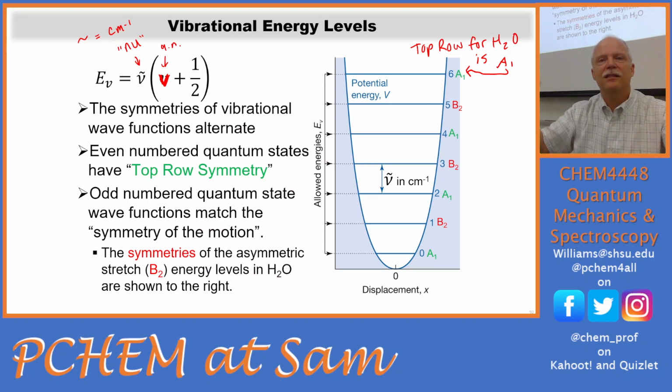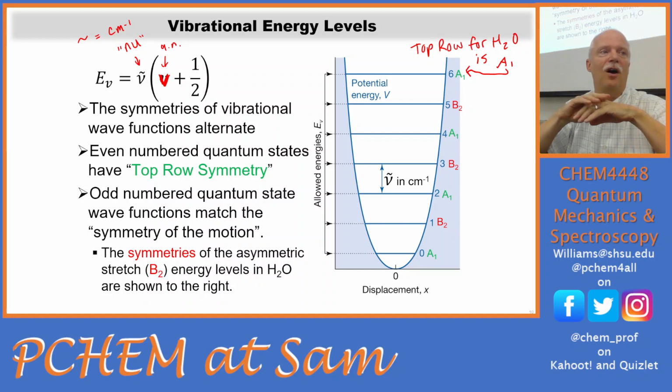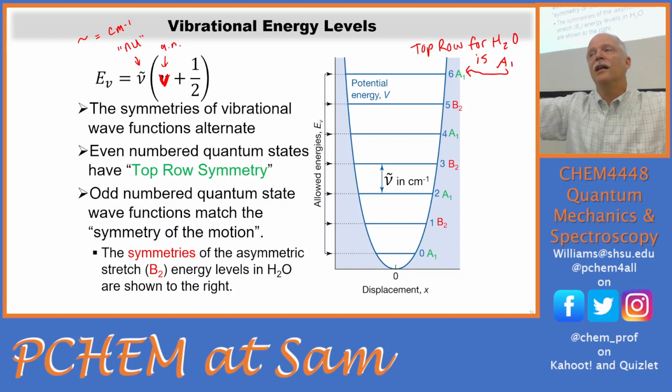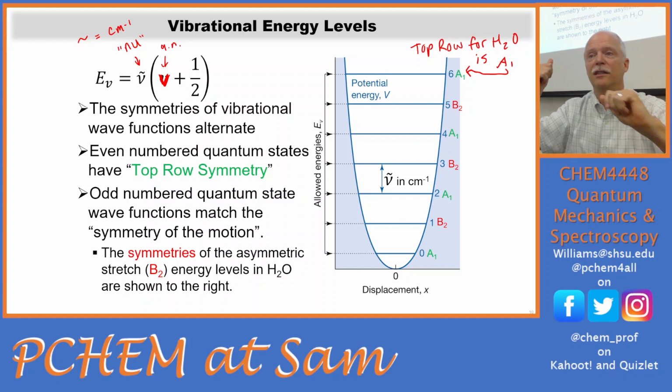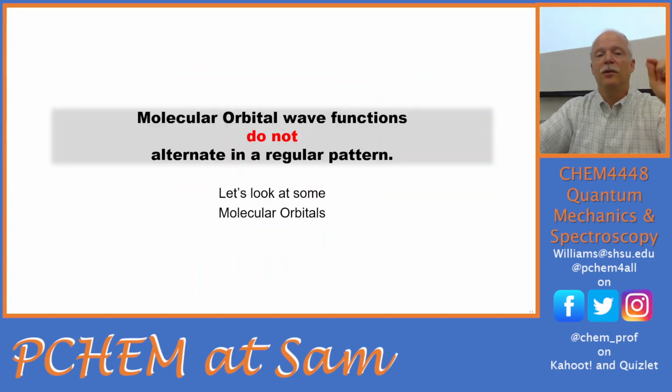Now, since this is the first time you learn how to label the energy level diagram, every year a lot of people think that this is the way it is for all energy level diagrams. It's not. It's just for vibration and rotation that they do this. For the molecular orbitals, the wave functions do not alternate in a regular pattern.